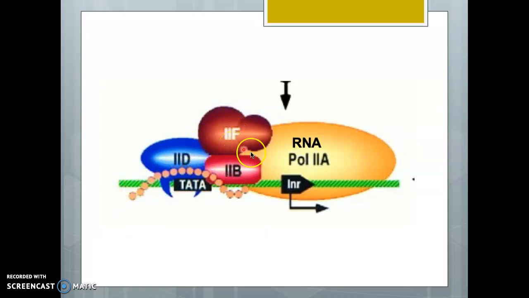I think there are more transcription factors than that, but I don't really care because we don't have to know it for AP Bio. These transcription factors attach first, then the RNA polymerase can attach, and that's the end of initiation. Transcription factors attach to the TATA box, RNA polymerase attaches to the transcription factors. Easy peasy lemon squeezy.